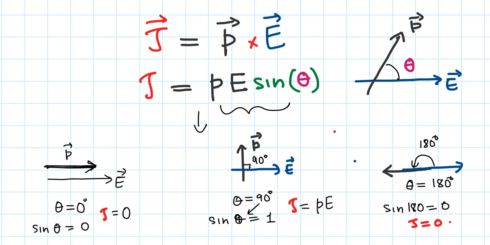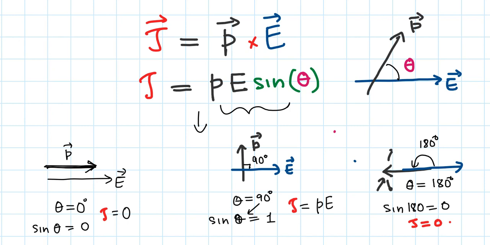The difference is that if you slightly perturb your electric dipole either to the left or to the right, the angle will become not 180. The angle will become lesser than 180.